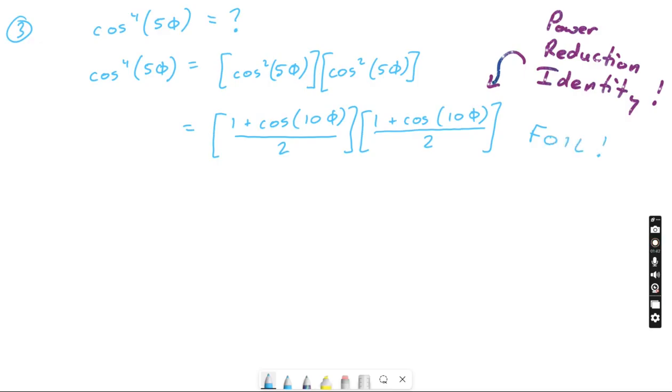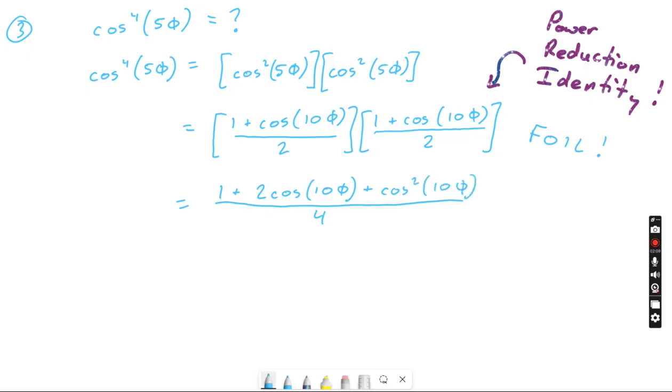I'm going to have to multiply this out because this particular problem asks you to fully simplify your answer. So this is going to be a 4 on the bottom because 2 times 2 is 4. And then I've got some stuff on the top, which if you remember your foiling, we can move through pretty quickly. This is going to be 2 cosine of 10 phi plus cosine squared of 10 phi.